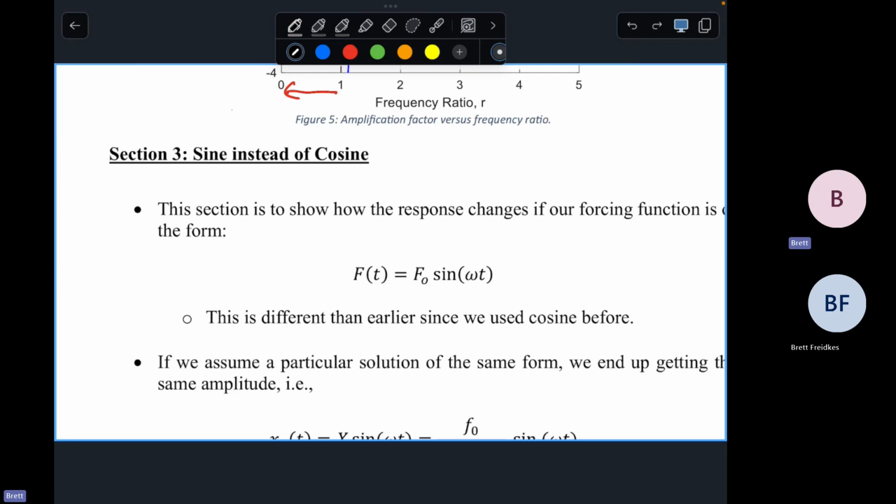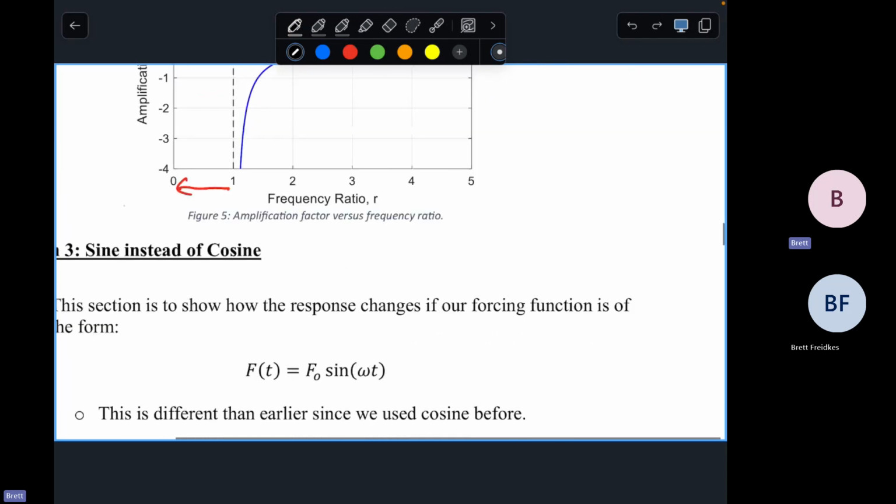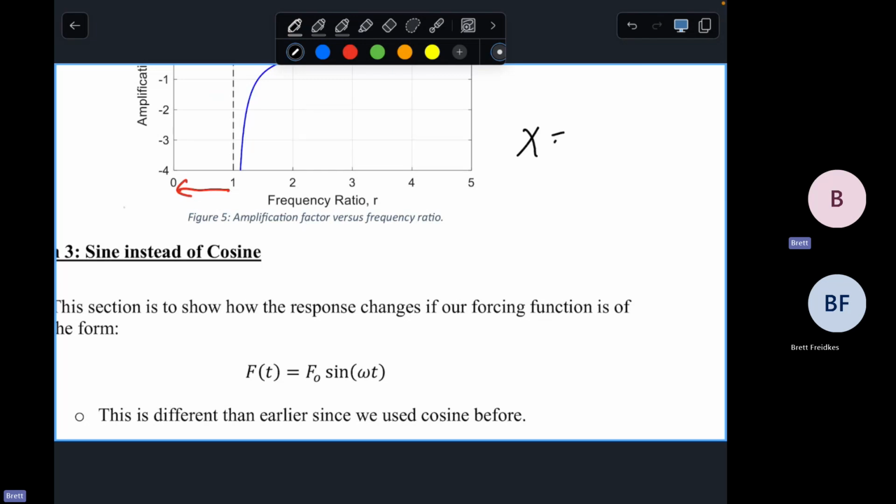It means that our amplitude in general is x equals delta static over 1 minus r squared, right? That is for a very specific mass and spring. So if I have a specific delta static with some k, and based on the input force, that's what that is.